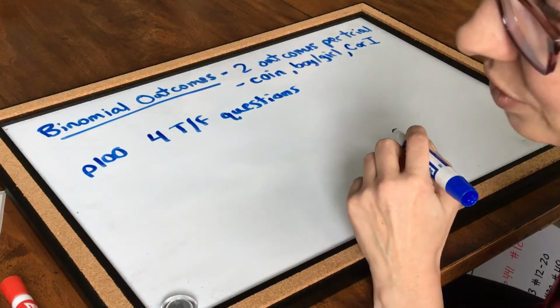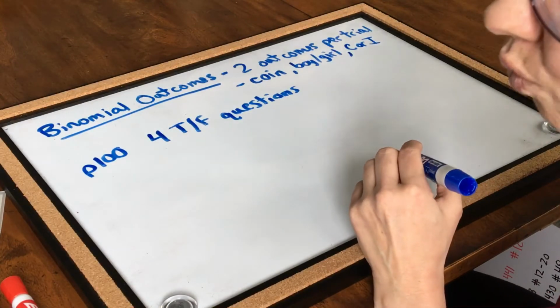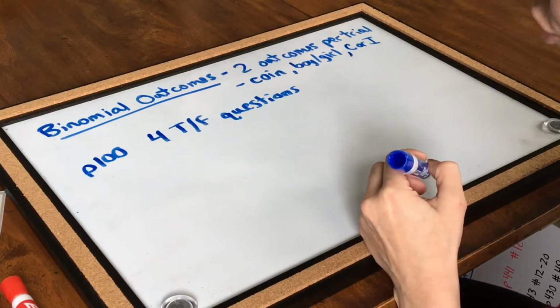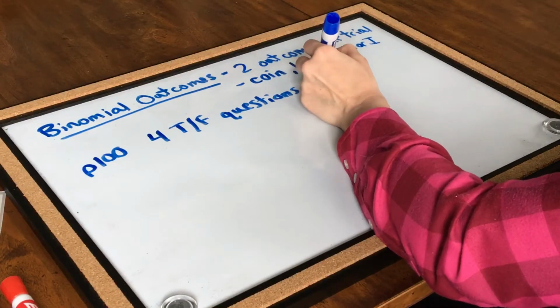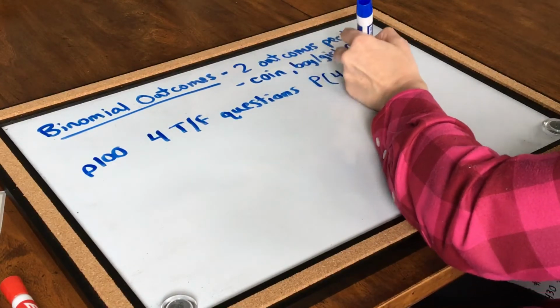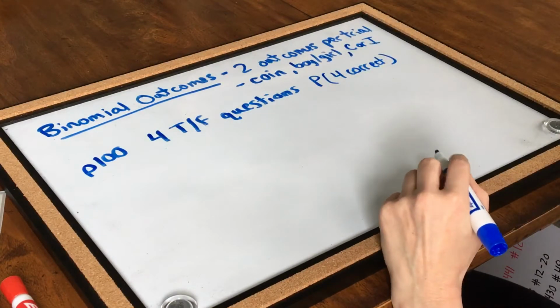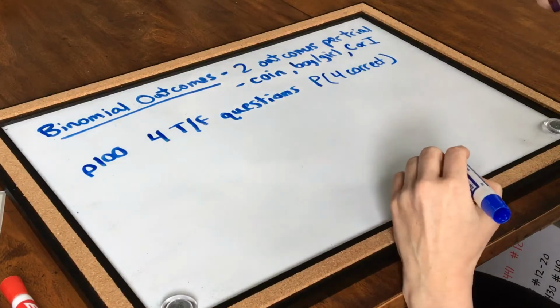I'm going to work on example A1, which asks: if you guess on all 4 true-false questions, what is the probability that you will get all 4 correct? So with 4 true or false questions, what's the probability that I get all 4 correct?